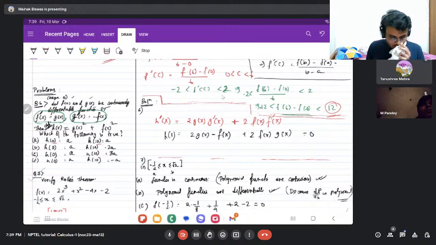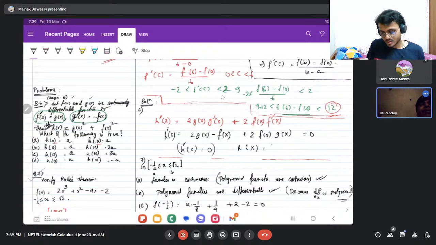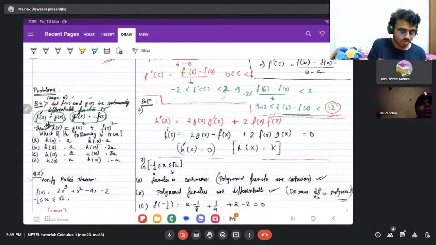So if it is 0, what does it mean? If h dash x is 0, what does it mean? H is a constant function. So it will not change. That's the idea. So there is only one option where they are not changing. Understood?